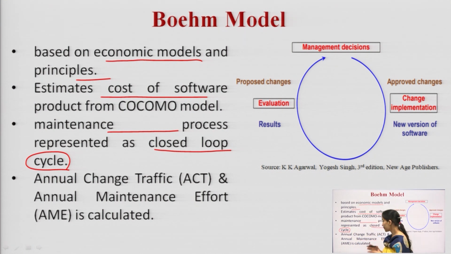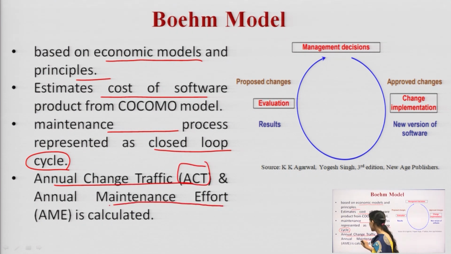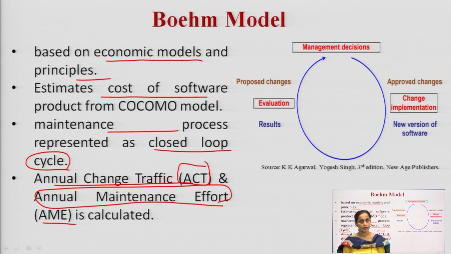Then we are going to calculate the annual change traffic, ACT, and annual maintenance effort, AME, in this model. We will propose some formulas that calculate how much change traffic there is annually, and how much effort is spent annually in the maintenance phase.